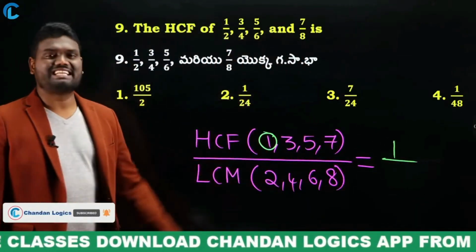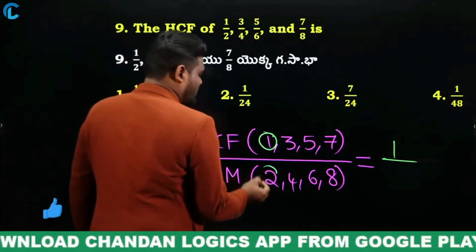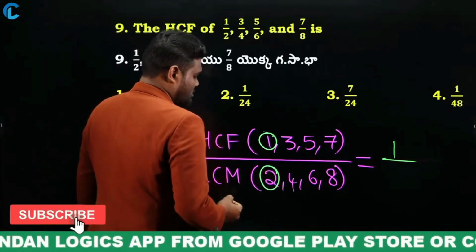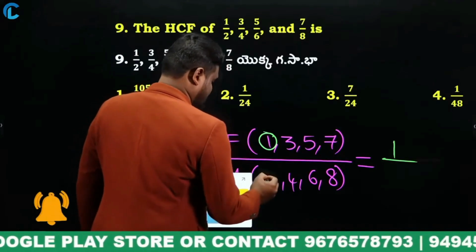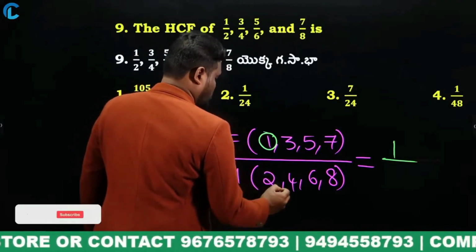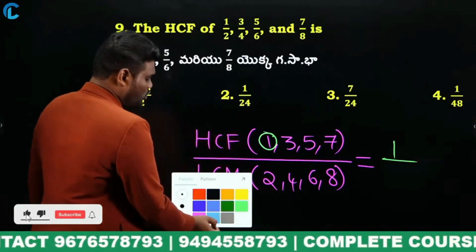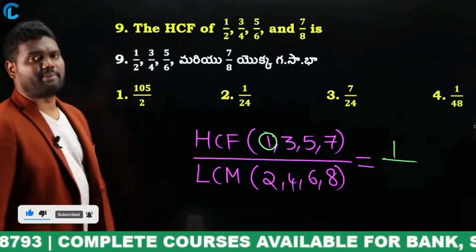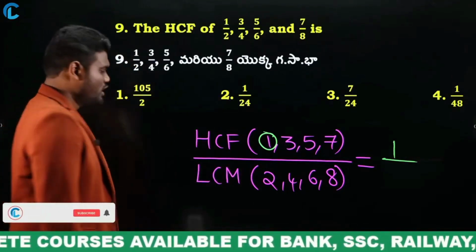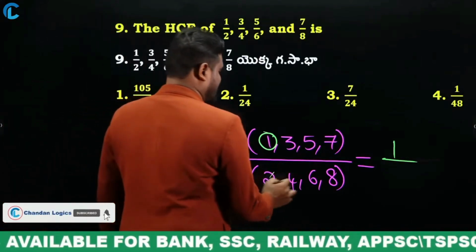LCM of 2, 4, 6, 8. LCM means we need to look at the highest number. Yes or no? If you observe here, 8 is the highest number. 2 is a factor, 4 is a factor, so you can just cancel them.